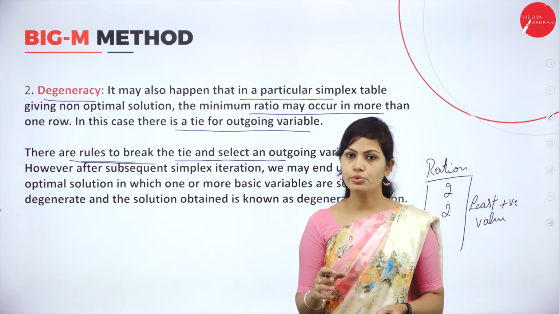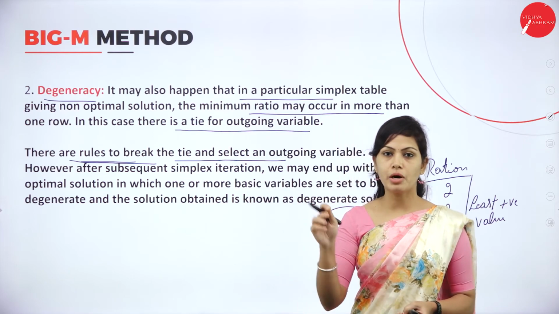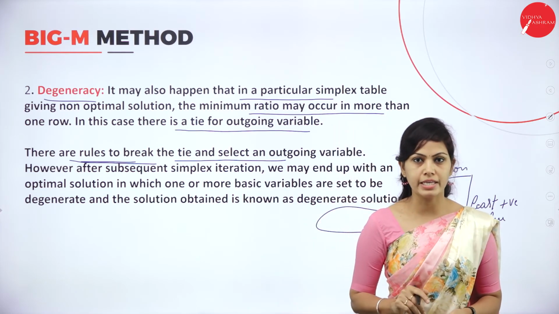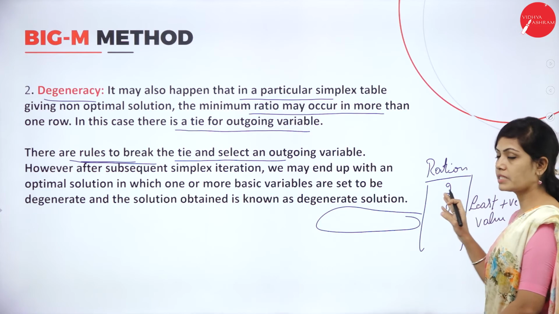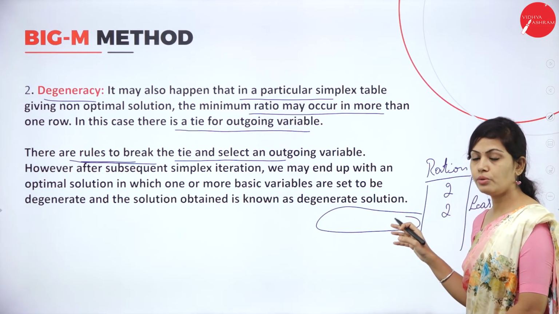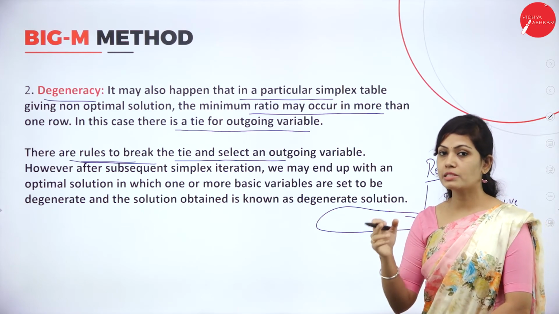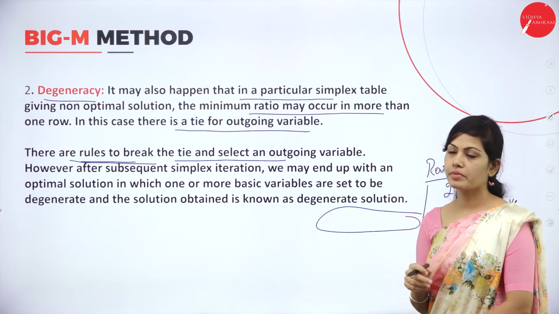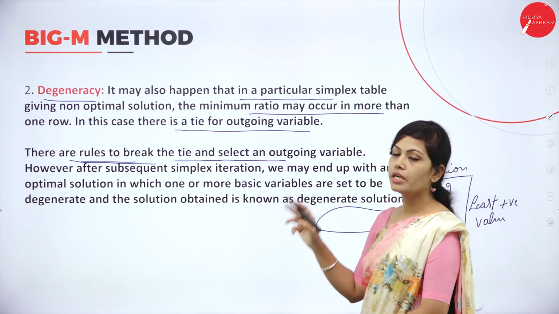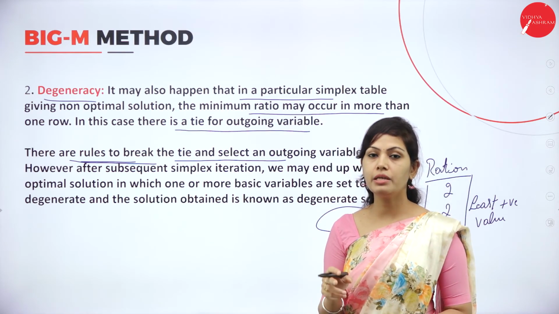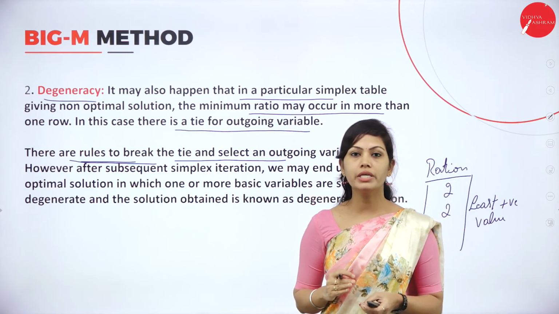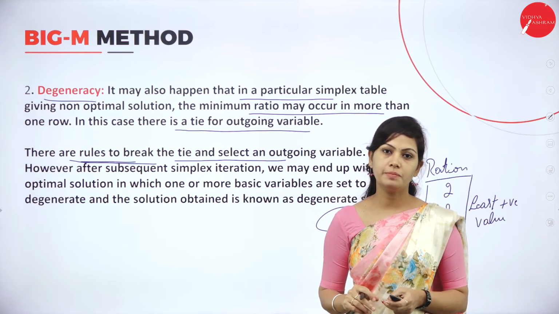While doing the problems, I will explain about degeneracy with an example. In the ratio, if you get the same least value, then how to break the tie, I will explain with an example. So this is about your two special conditions in the big M method, that is unboundedness and degeneracy.